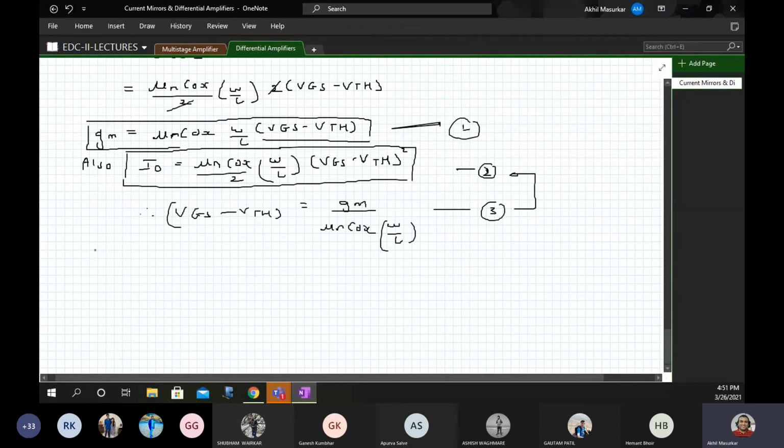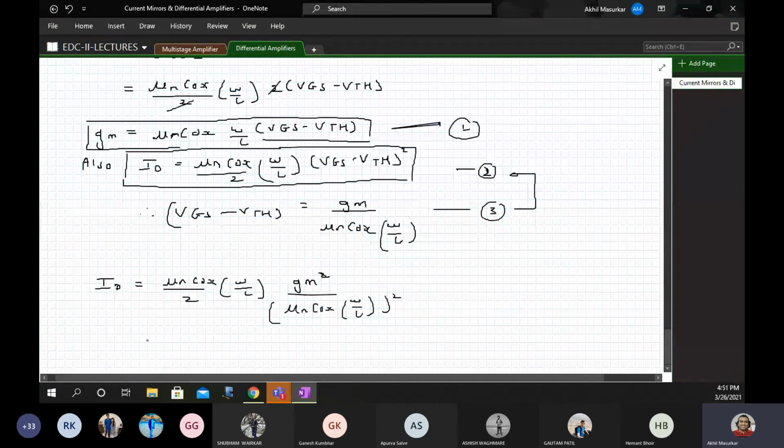So ID is equal to mu n COX by 2 W by L times GM square upon mu n COX W by L, the entire thing squared.